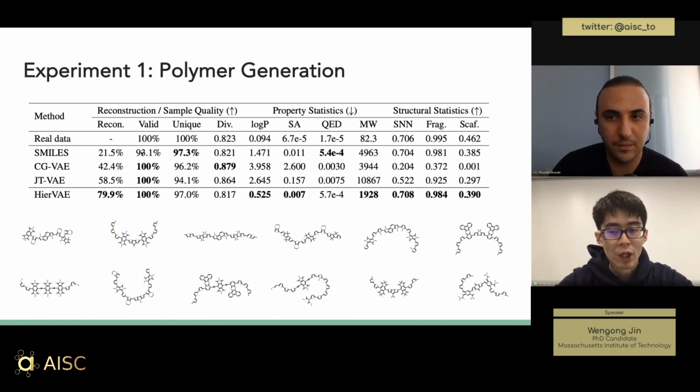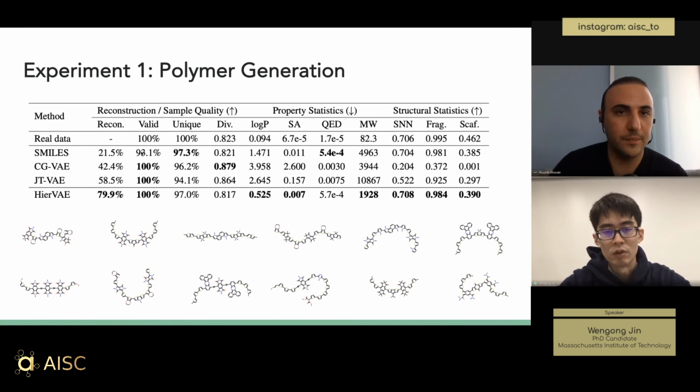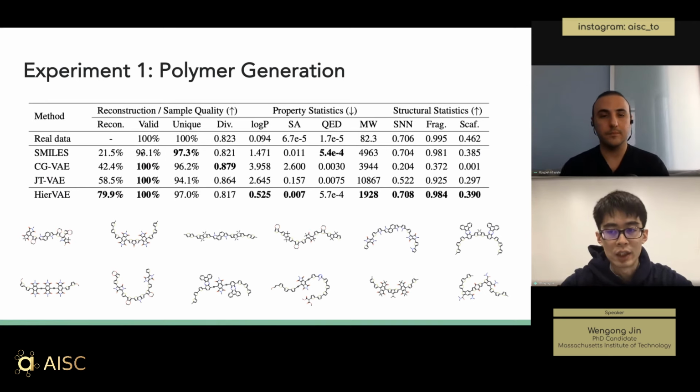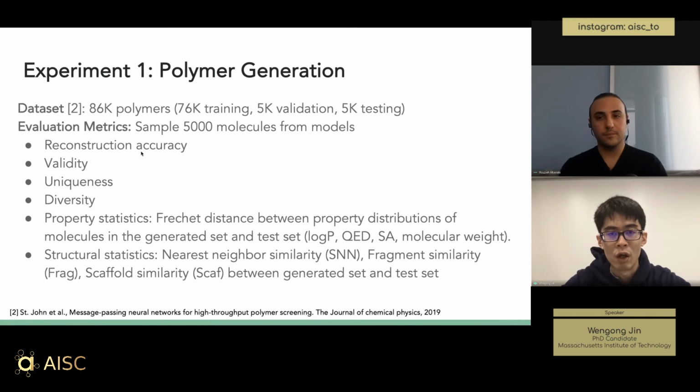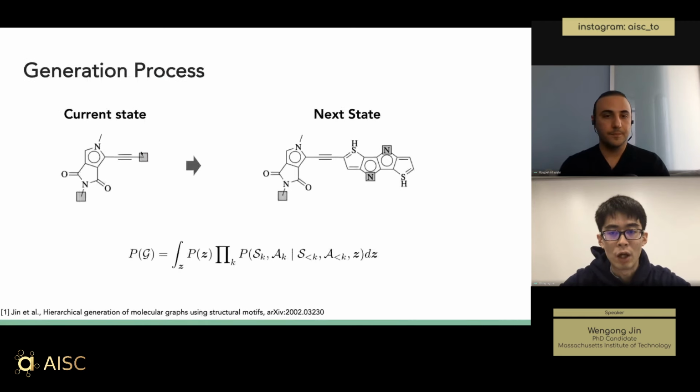Maybe I didn't describe this very carefully. I check validity in each generation step, to make sure that all the partial molecules that have been generated are valid. If you have a motif and the model happens to make a bad prediction, like attaching it somewhere that is totally not right, I will just reject this prediction and move on to the second best prediction.